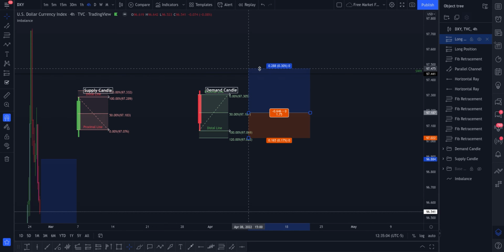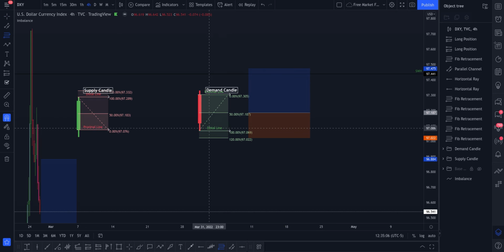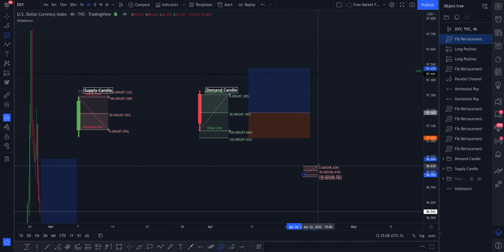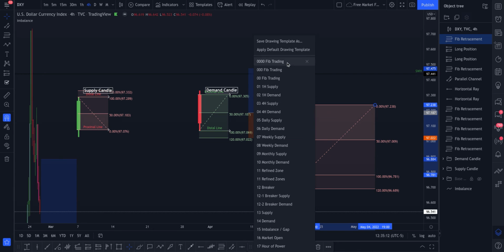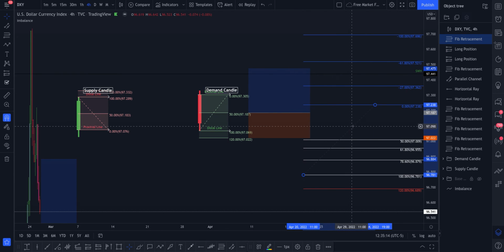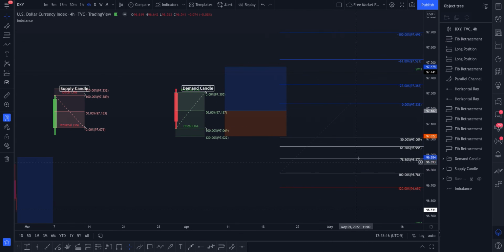You guys have seen I haven't actually done a video on my Fibonacci trading. These are basically my entries: 50%, 61.8%, 78.6%, even 100 sometimes. And these are my TPs: 0%, -27, -61, and -100.